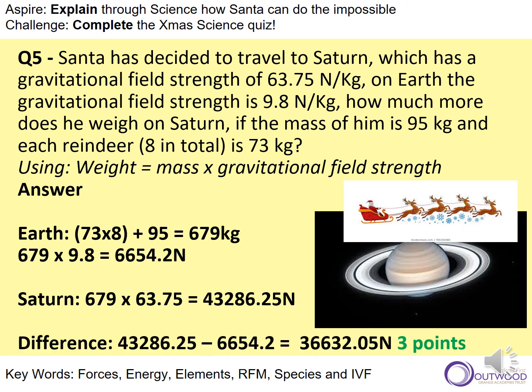And the difference is 43,286.25 minus 6654.2, and we get the answer 36,632.05 newtons. You get 1 mark for the Earth calculation of 6654.2, 1 mark for the 43,286.25 calculation, which is Saturn, and then 1 mark for the 36,000.